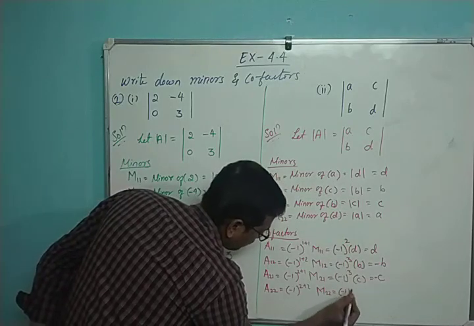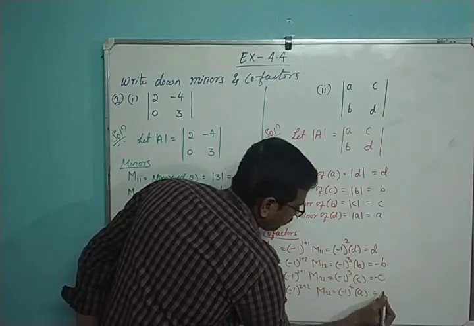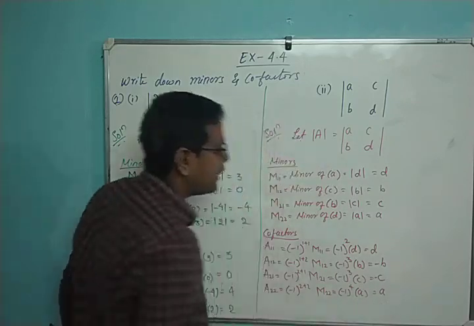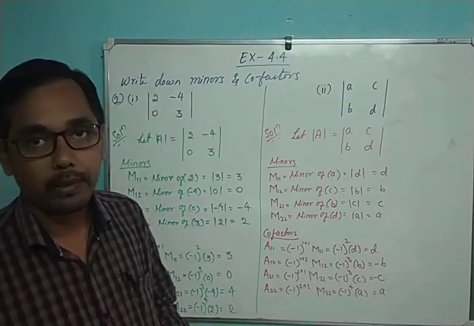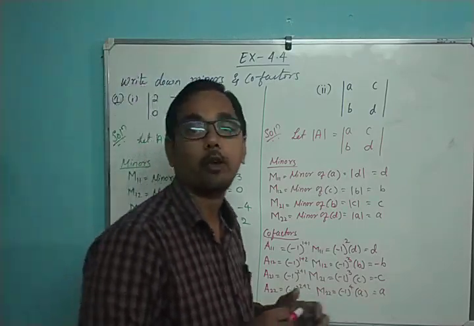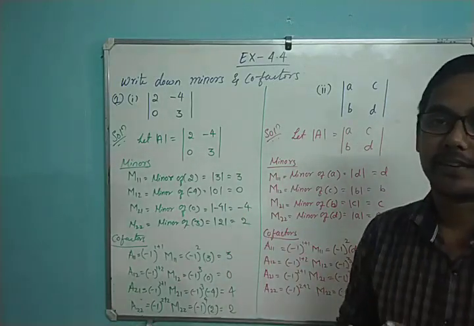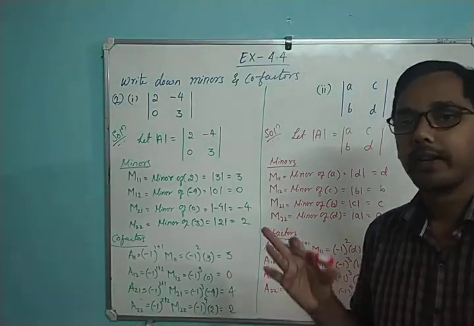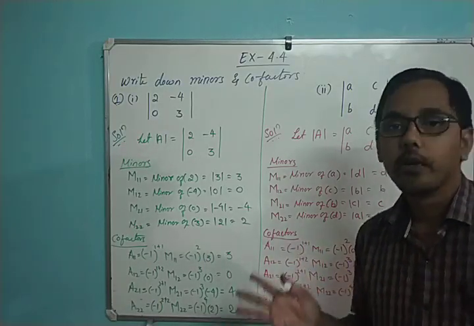So this is minus 1 to the power 4. M22 is what? A. So minus 1 to the power 4 is what? Plus 1. Plus 1 into plus A will become plus A. So I hope you have understood the methodology to calculate the value of minors and cofactors. This is the method given in your NCERT book. You need to practice these things. So now take a moment, pause the video and make a note of this.